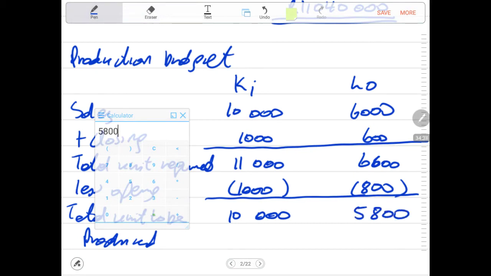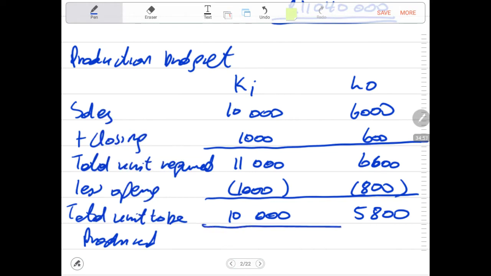Now, I did not want to do this in the format that I have erased, but I wanted you to know that the same approach can still be applicable here. But you must do it in the format of the budget, so that it becomes the budget that is having the format it's supposed to have. So now it's 10,000 units and 5,800 units that are expected to be produced during the current period.